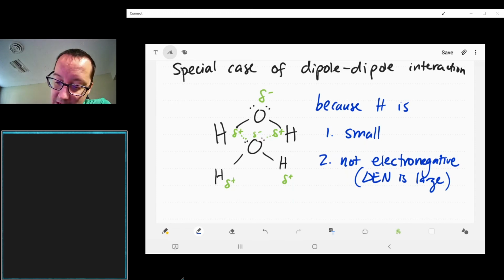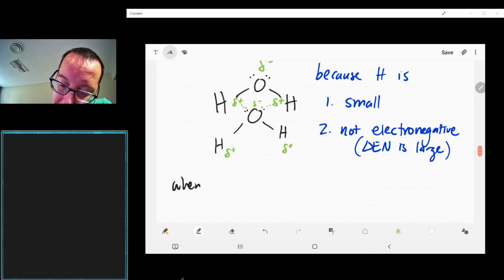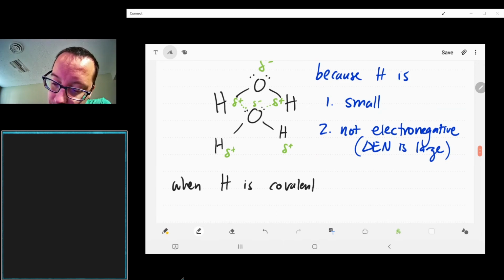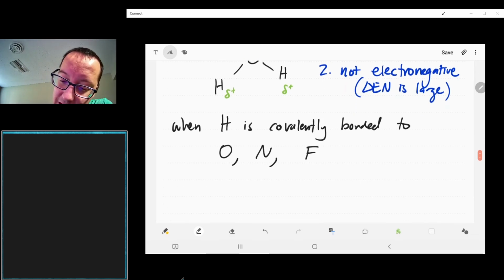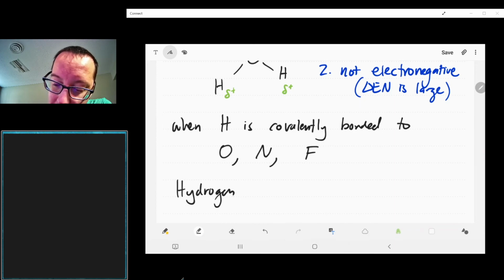We're going to see that when hydrogen is covalently bonded to oxygen, nitrogen, or fluorine, we have something called hydrogen bonds. Here, I'll spell it out. Hydrogen bonding occurs.